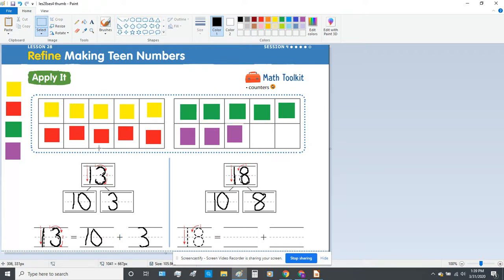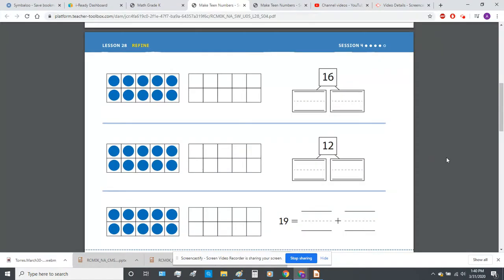Now we're showing that there is a group of 10 and a group of 8, so that when we come to make the addition problem, we can see that 18, I'm going to trace that, is equal to 10 plus 8. Excellent.